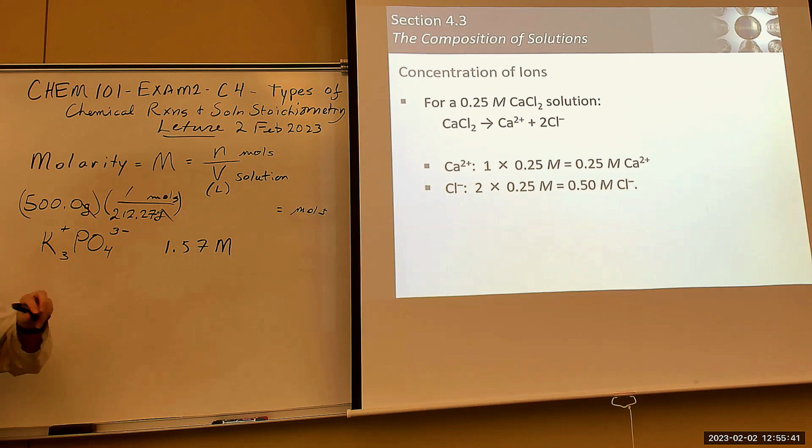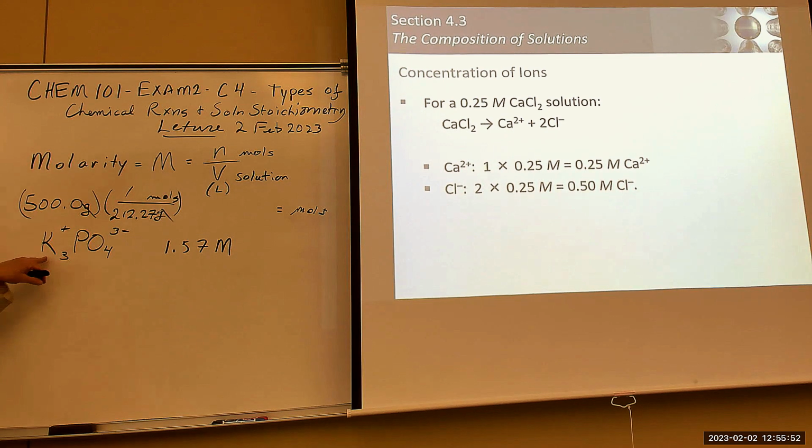What if we wanted to also say, what's the molar concentration of all the ions together? Because when it goes into solution, it breaks apart into cations and anions. Right? So in this compound, we have 3 cations and 1 anion.